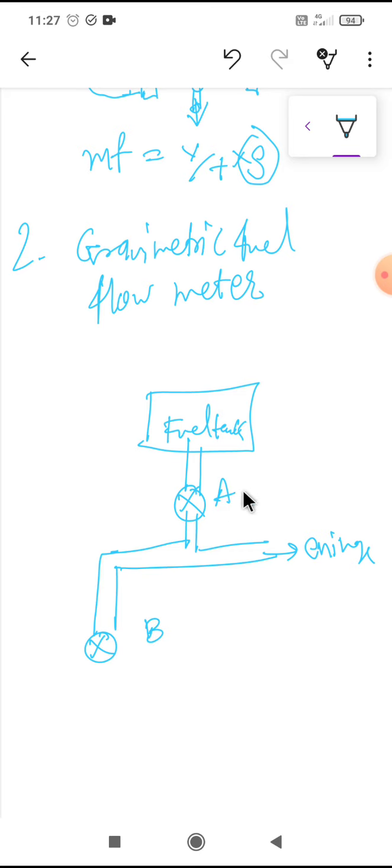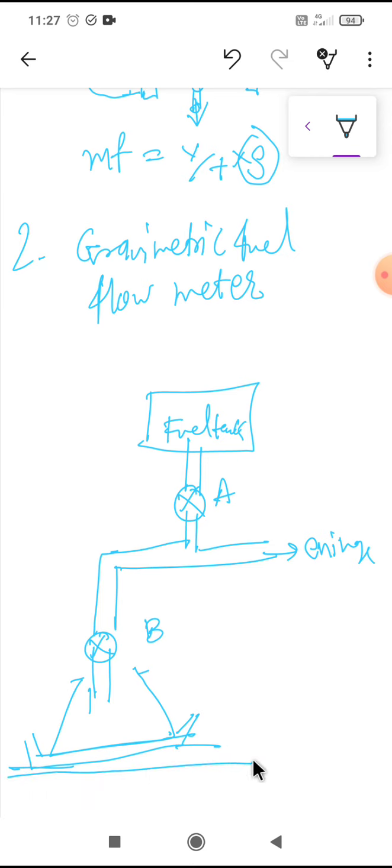So this is A, this is B, and it goes to the flask. Here I will draw a flask. This is a pan of a weighing balance.